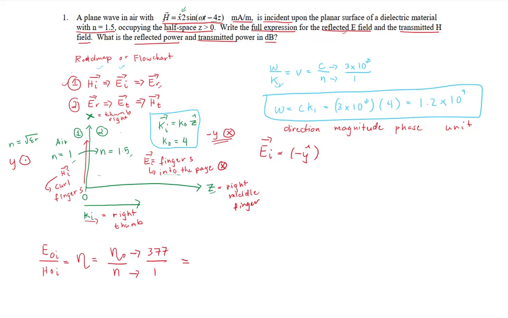So we can say that E naught of I is equal to H naught of I times eta, and since H naught of I is just 2, E naught of I is just 2 eta naught.